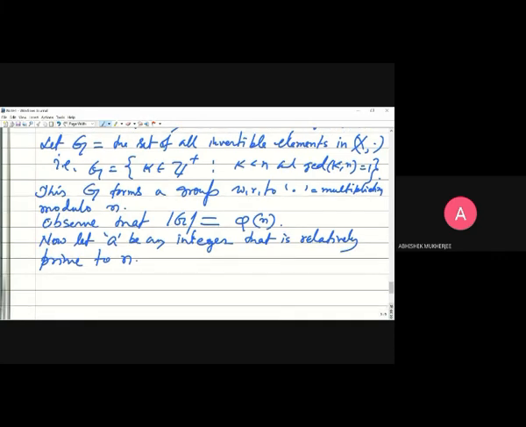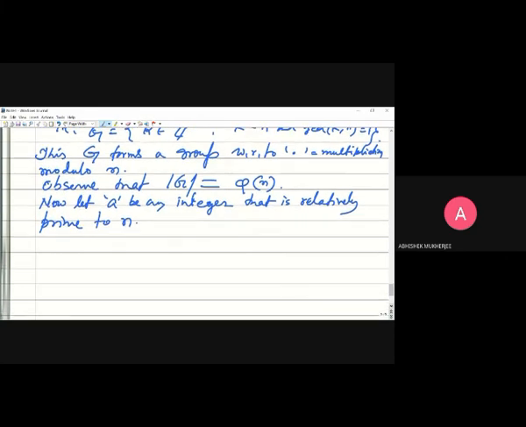So what we do now, we need to recall the division algorithm. Whenever this type of situation occurs, we invoke the division algorithm.